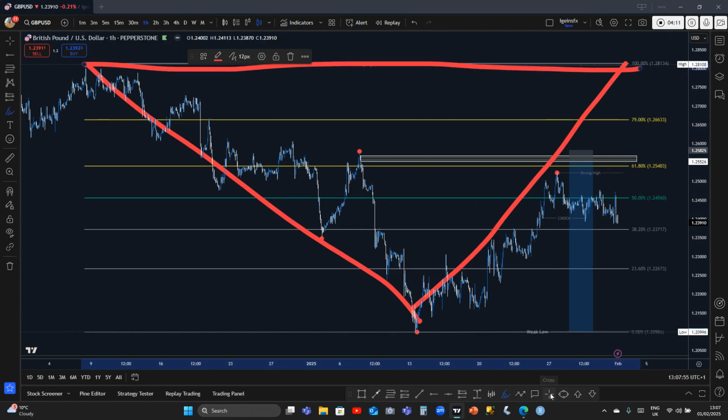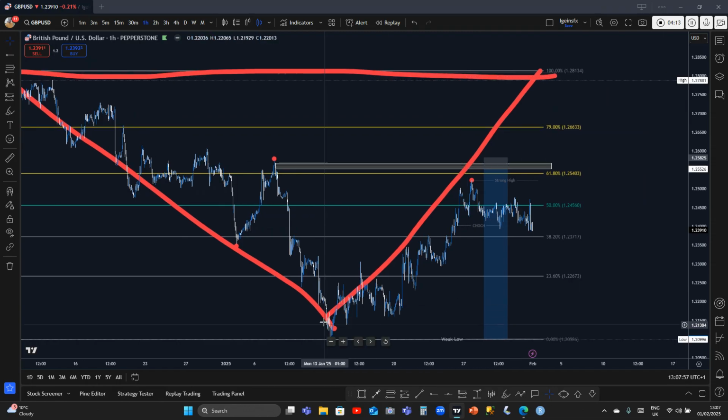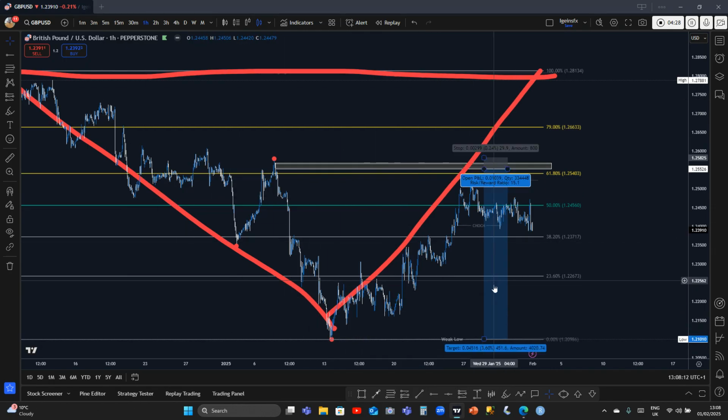That is what I am trying to establish. On no account should this move you are seeing, this bullish run, take out this high. If it takes out this high, that means the underlying trend has been invalidated. All right.